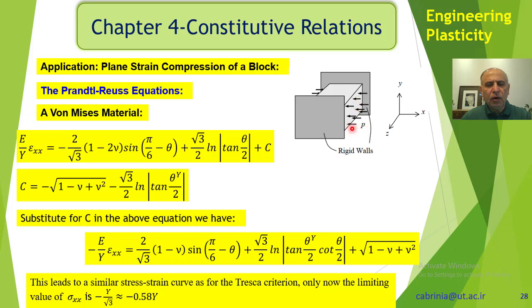But if we have strain hardening, then it would be different. Then the flow rule would be a bit different. As we increase the pressure here, the material flows, but as we increase it more and more, the material flows with more and more difficulty. So as we go further and further, we need more stress to get the same value of strain as before.